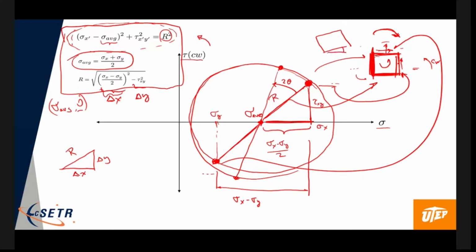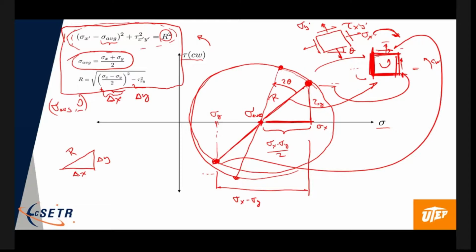Now, if we were to look at a state of stress that's rotated from the original by an angle theta, that state of stress would correspond to the following, right? I would get a sigma x prime, a sigma y prime, or tau x prime y prime, right?